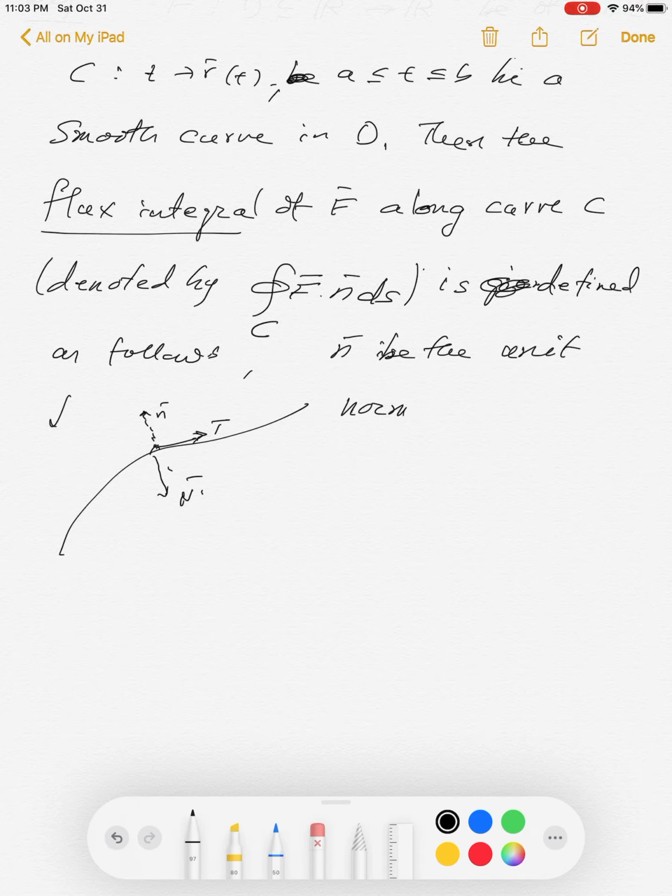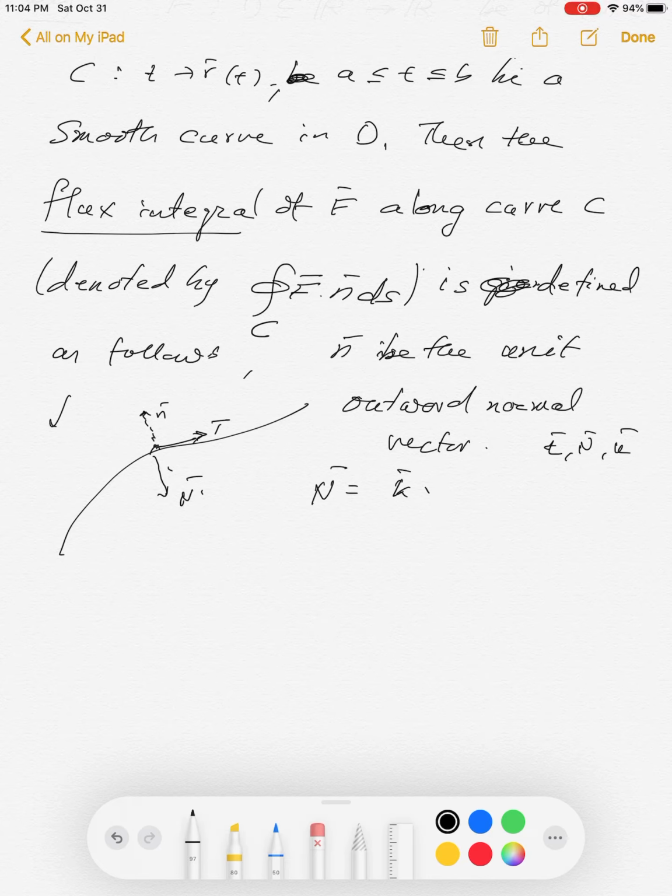N bar be the unit outward normal vector.